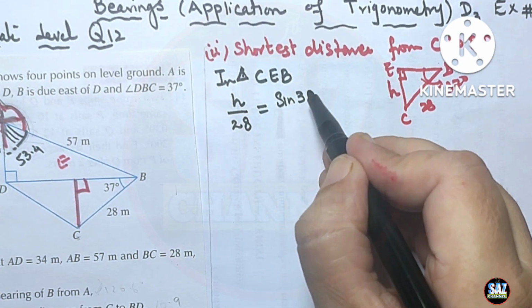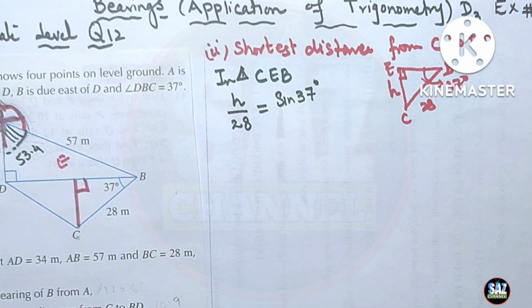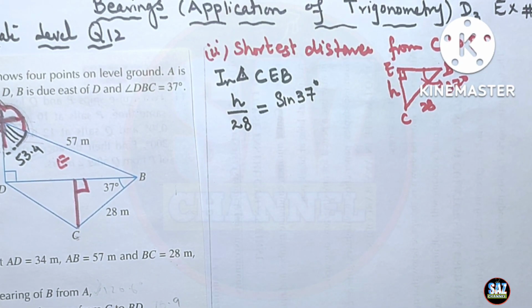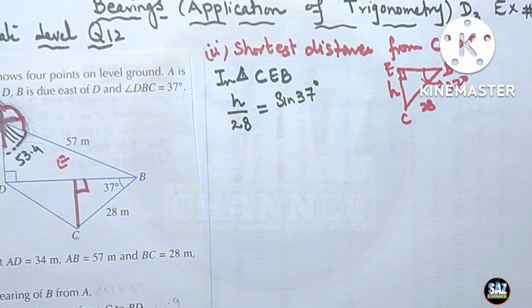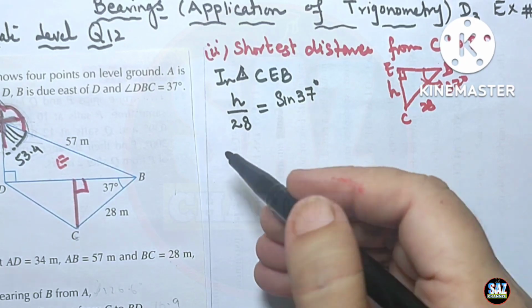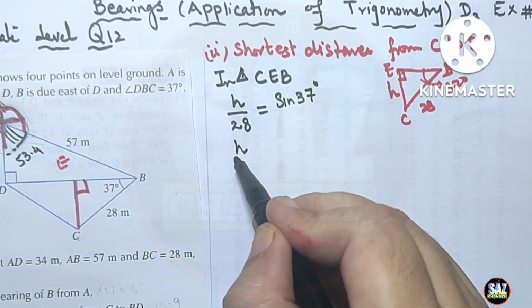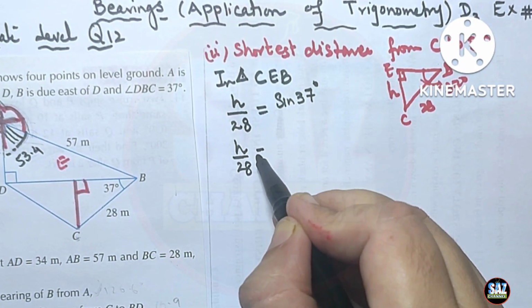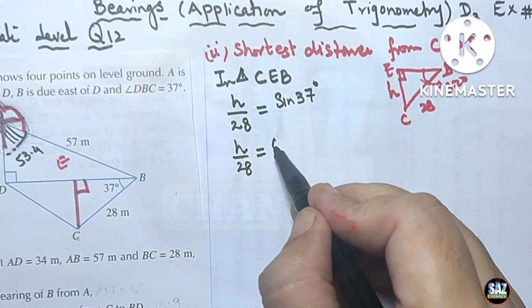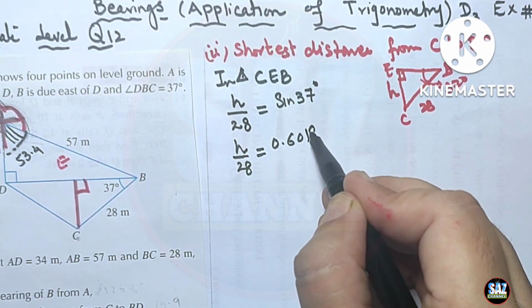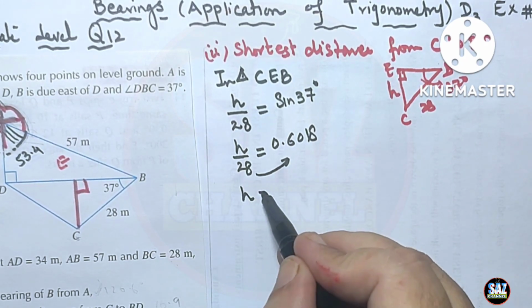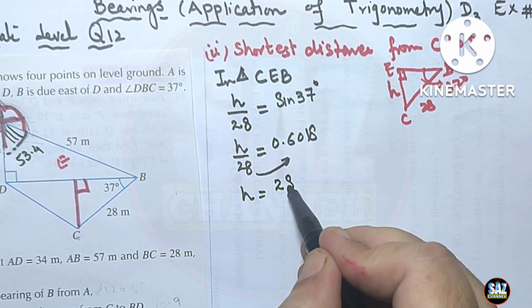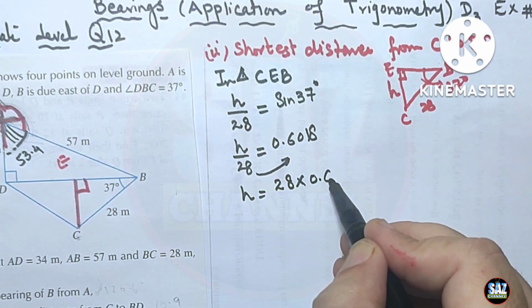Now, students, first let me know the value of sine 37. Sine 37 is 0.6018, so H upon 28 equals 0.6018, and shift this 28 to the other side. H equals 28 times 0.6018.